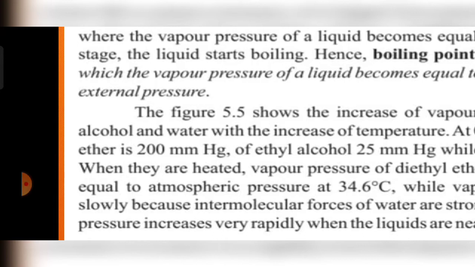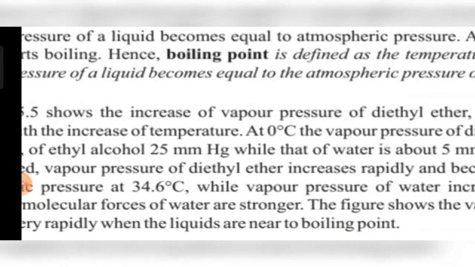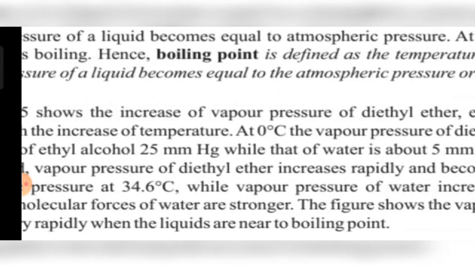Ethyl alcohol will also require more temperature than diethyl ether, because it has 25 millimeter of mercury vapor pressure at 0 degree Celsius. That's why it will require more heat than diethyl ether, because its vapor pressure is less. Water has 5 millimeter of mercury because water also has intermolecular forces, hydrogen bonding.